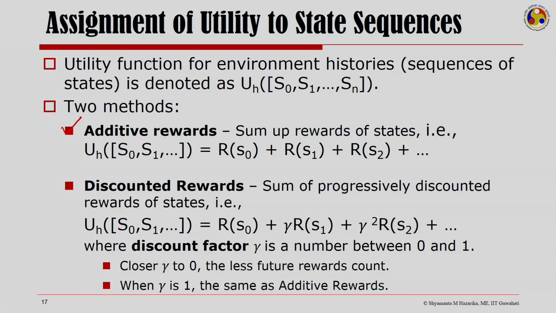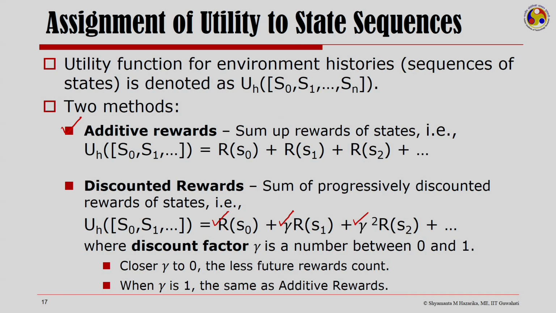That is, I have the first state reward, the second one is multiplied by a discount factor gamma, which is a number between 0 and 1, and then the next is gamma square, R S2, so on and so forth.